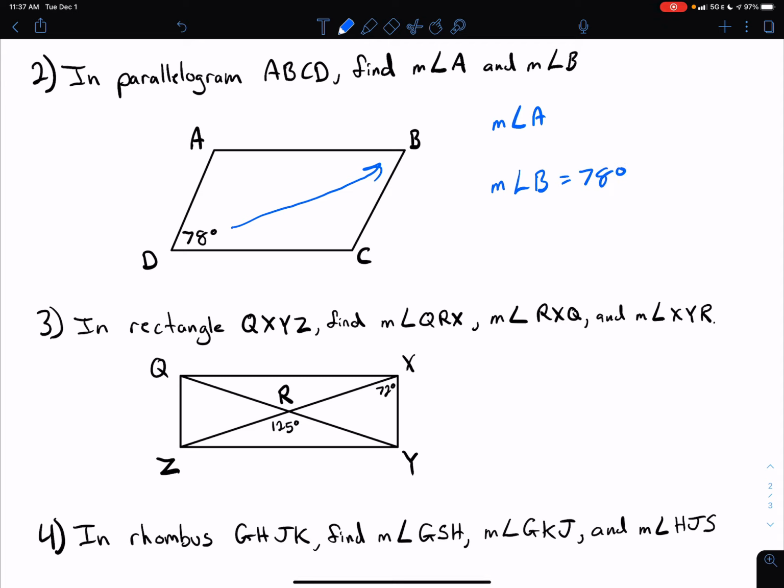Then for the measure of angle A, since these are consecutive or adjacent angles, 78 plus A is going to make 180 degrees. So I subtract 78 to get A on one side, and I'm left with 102 on the other side. So A's measure is 102 degrees.